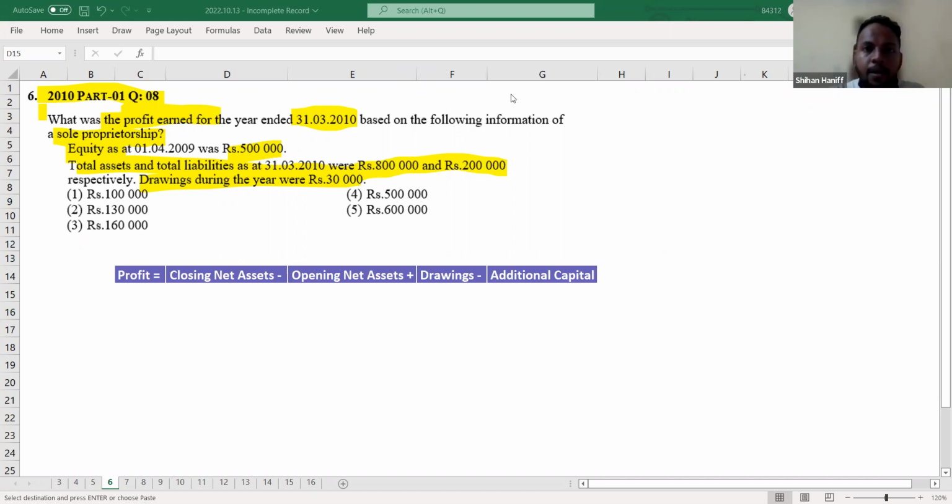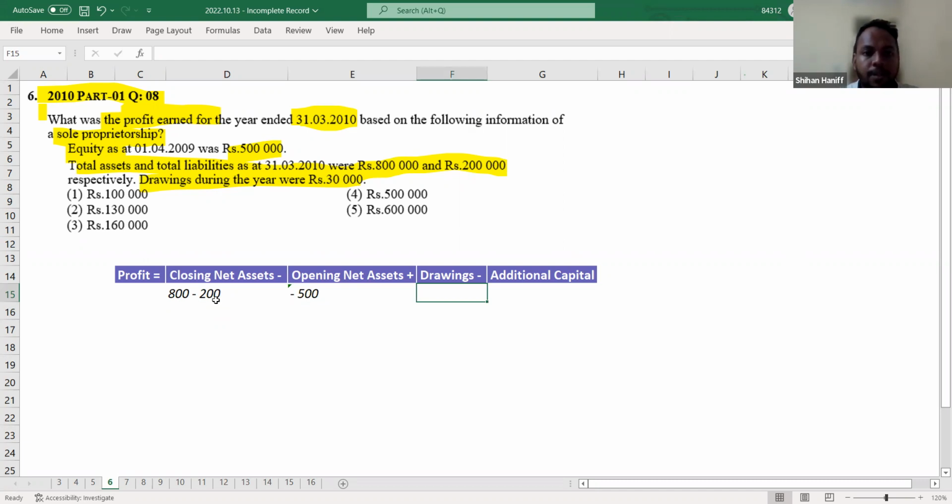Okay. So let's calculate closing net assets, assets minus liabilities. That means 800 minus 200. Opening net assets, equity as at 1st of April, it's 500.